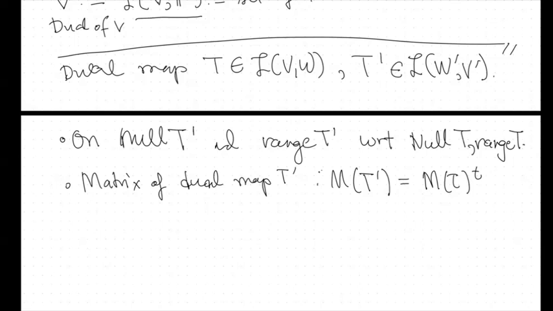The annihilator is a subspace of V prime, a subspace of the dual space of V. These are the set of linear functionals which, if we evaluate them at any element of our subset U, give us 0. So we also have the annihilator of U.